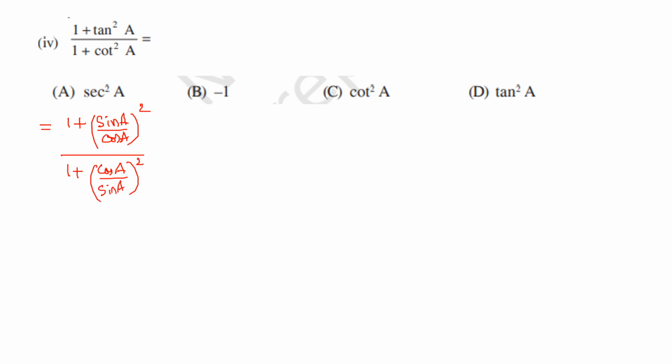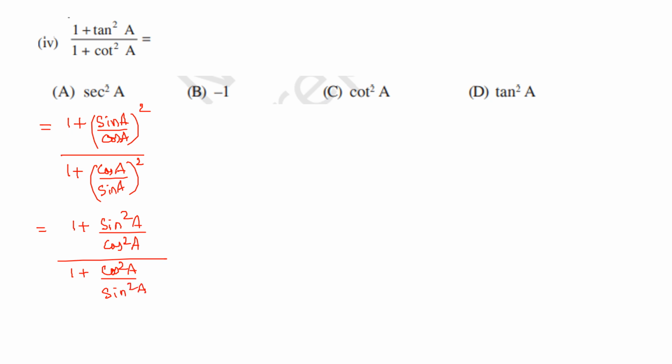So now it will become 1 plus sin square A by cos square A, this is the numerator, and the denominator will be 1 plus cos square A by sin square A.